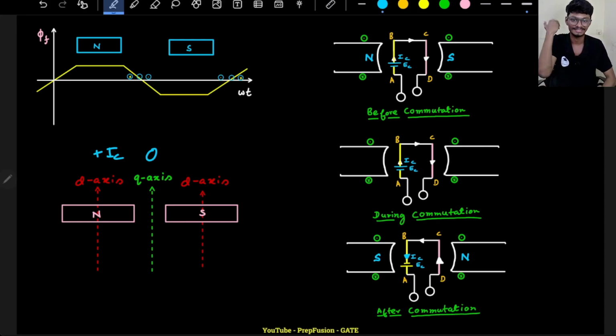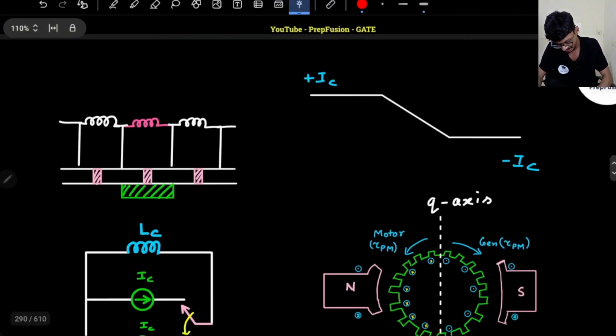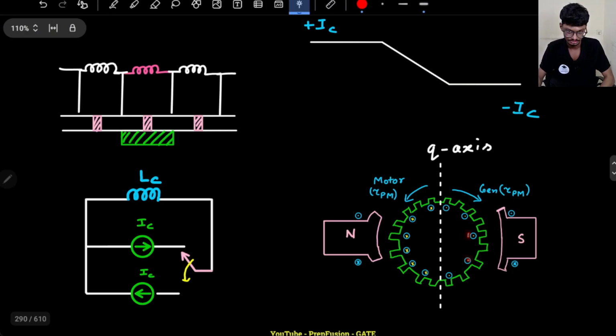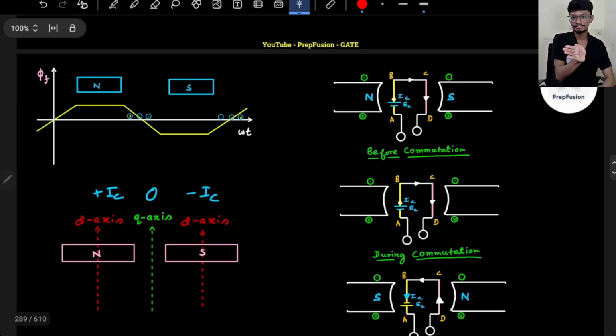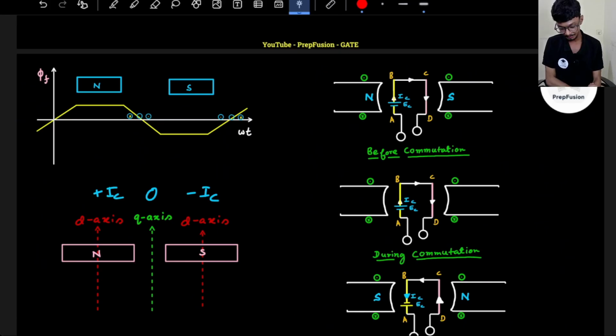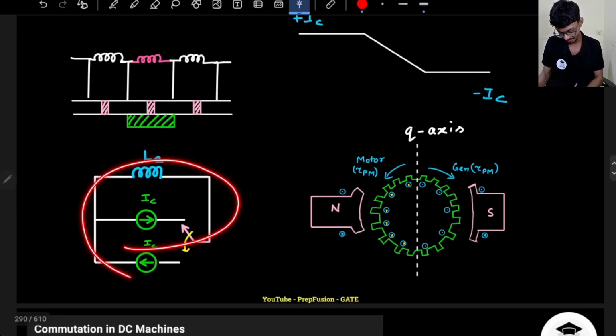As the EMF is 0, the current is also 0. Then in the south pole the current becomes negative, because you can observe that the sign changes. So the current changes from plus IC to minus IC in the period just before and after commutation. Something like this arrangement is happening.